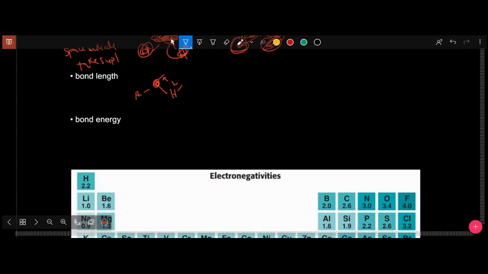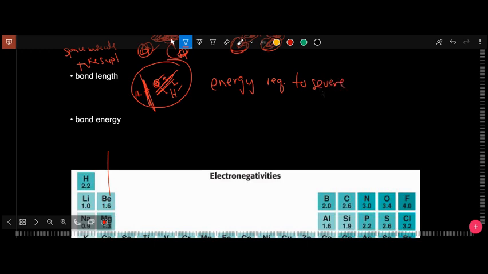All right. The textbook definition of bond energy is the energy required to break the bonds in 1 mole of a chemical compound. So essentially, if you have one mole of H2O, how much energy would it take to break these atoms apart? Energy required to sever a bond in a molecule.